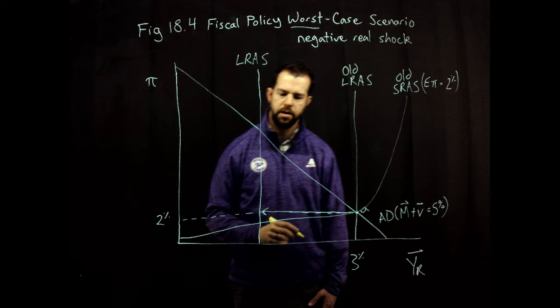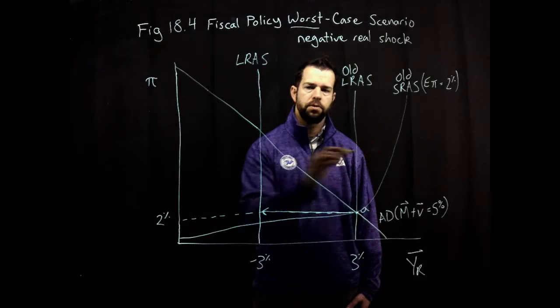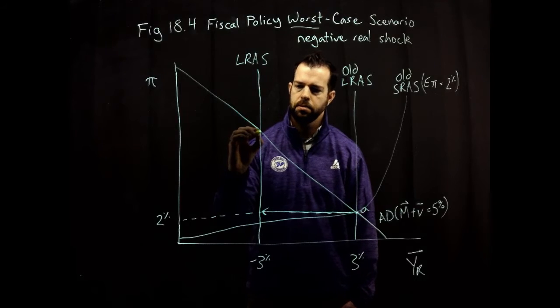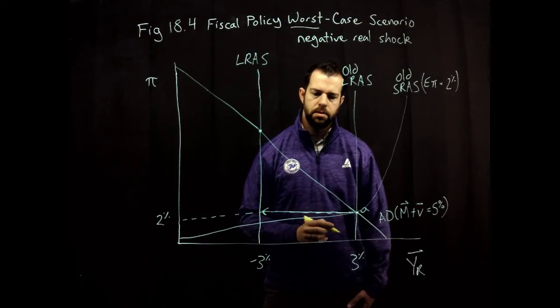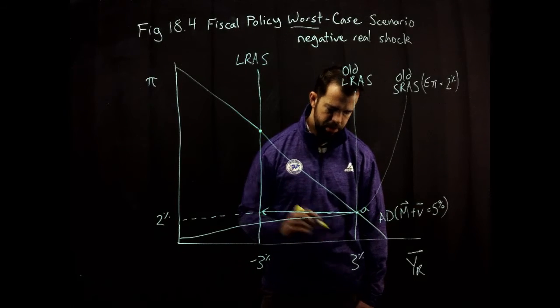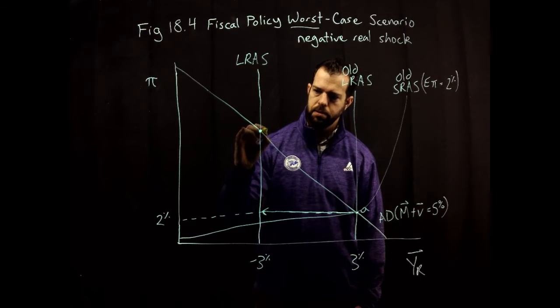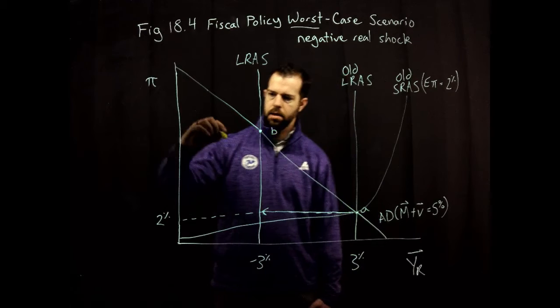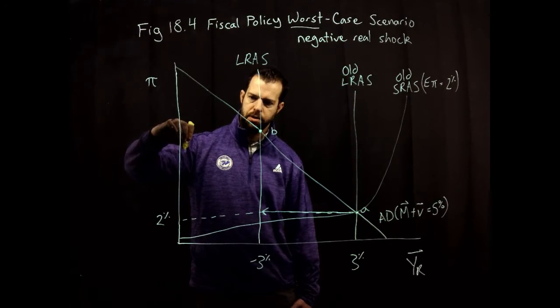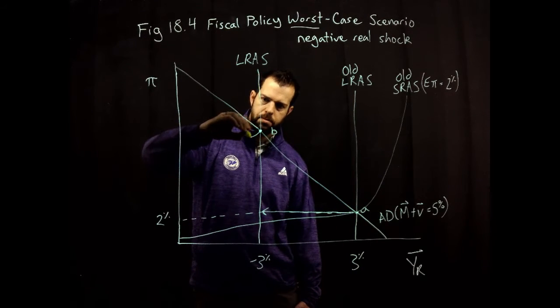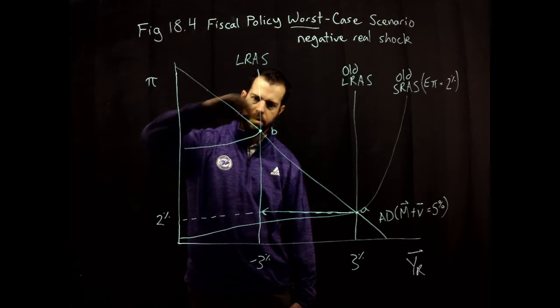Now, what will happen is that the aggregate demand curve has not shifted, okay? But the short run aggregate supply curve will go with it. Okay, so we're going to move from A to B.